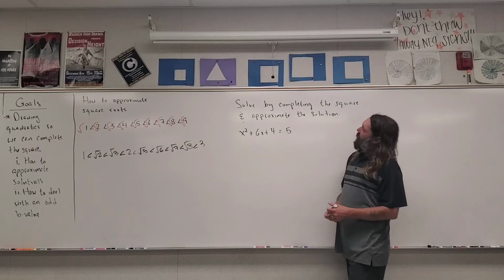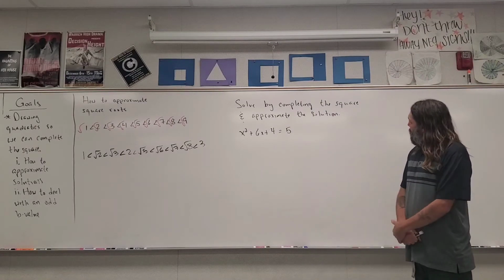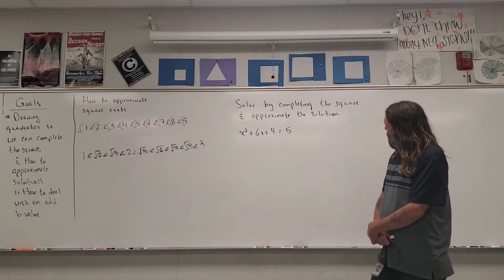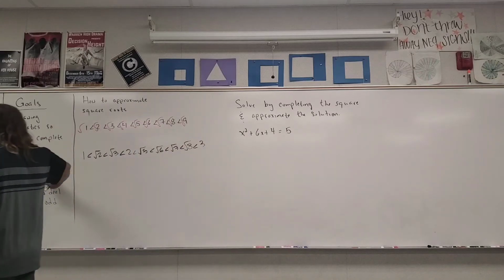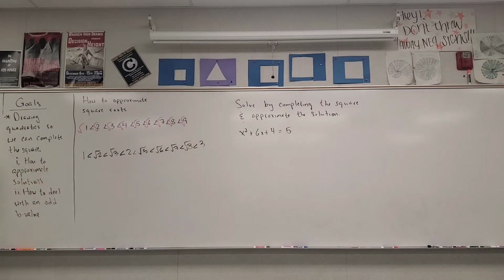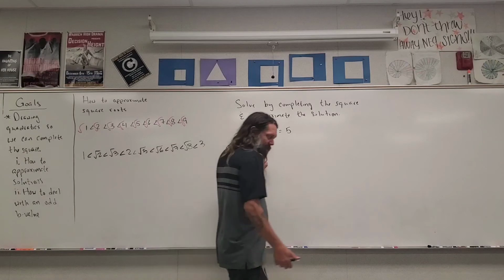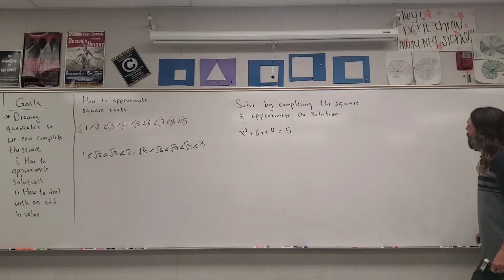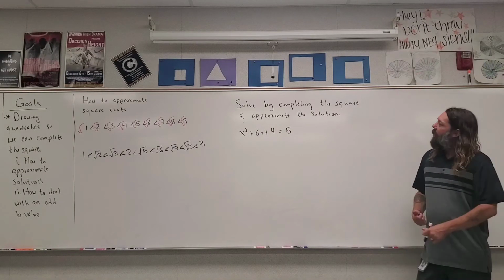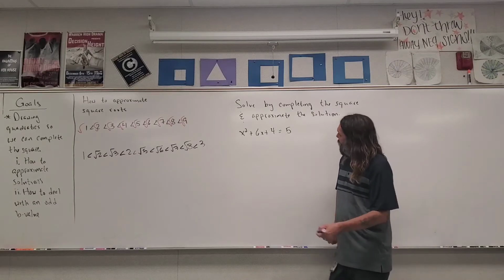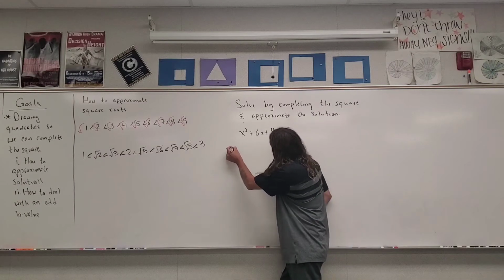All right, so I would like to now move into solving by completing the square and approximating the solution. Remember, this hits the first part of my goal, how to approximate solutions. So I'm going to draw this as a square, figure out what I need to add or take away, and then complete the process. So here I have the x squared.